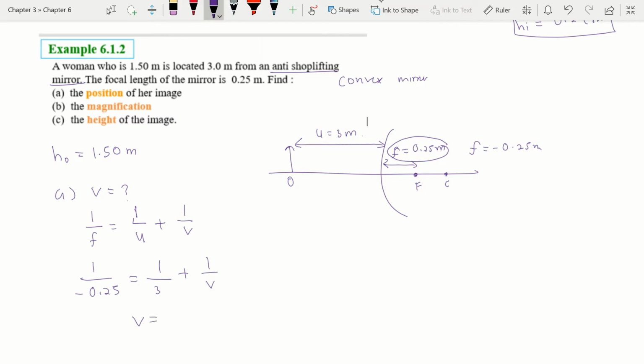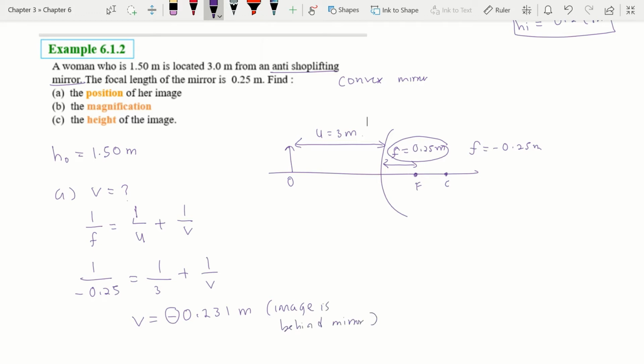Rearrange the equation and press the calculator. You will get your v as negative 0.231 meter. So it means you got a negative value for your image distance. It means your image lies behind the mirror. So the image is behind the mirror.